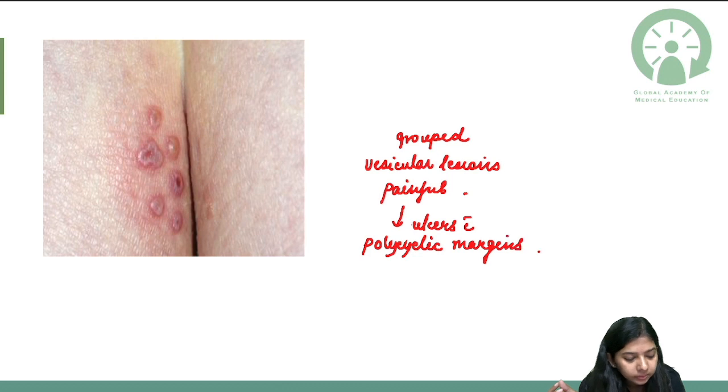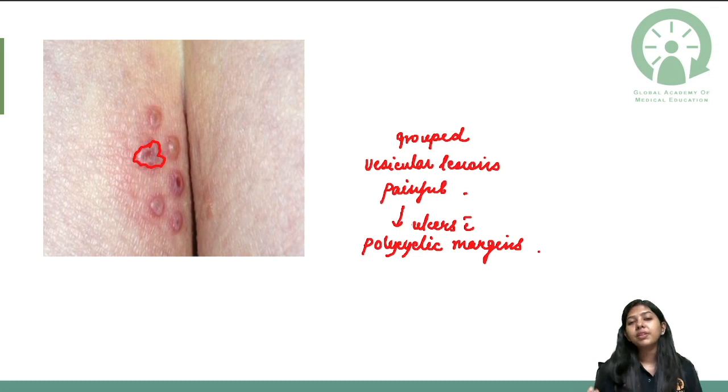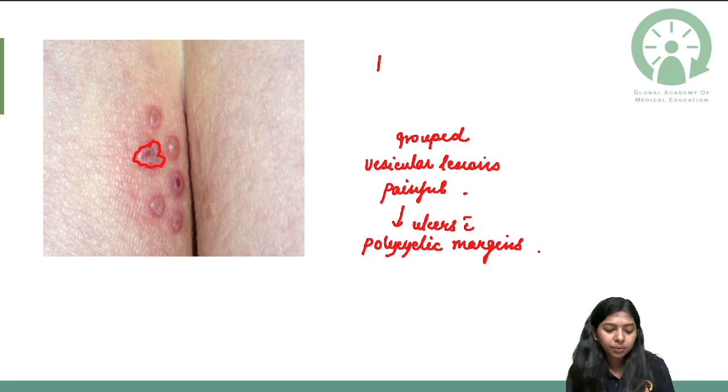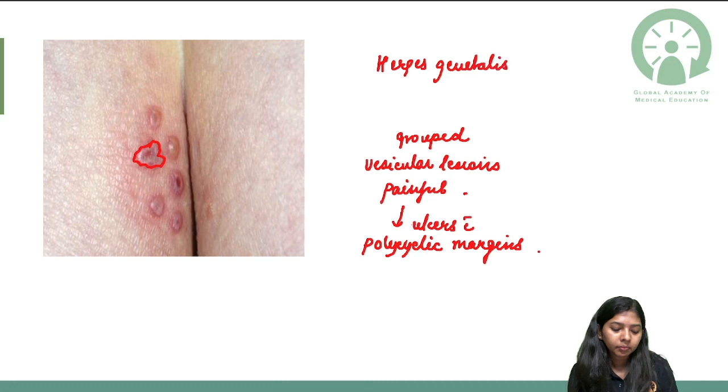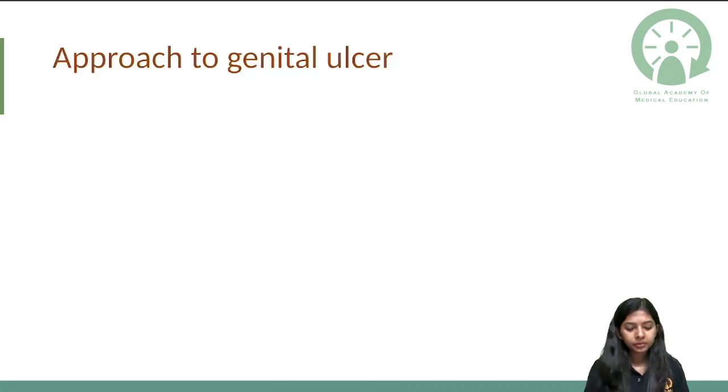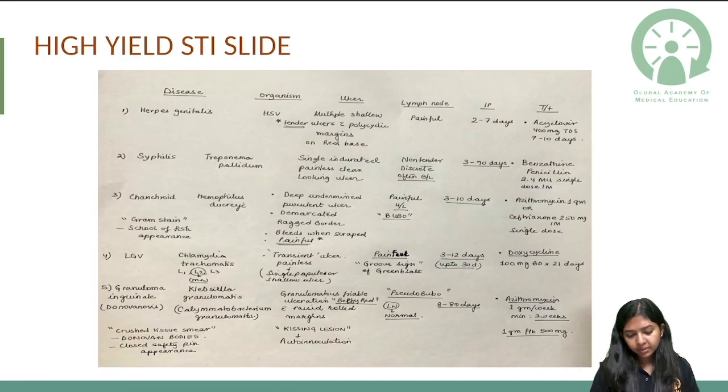Okay, see, you have ulcers with polycyclic margins. So painful grouped vesicular lesions which rupture to form ulcers with polycyclic margins, characteristic of herpes genitalis, caused by HSV2. Okay, and these ulcers are very shallow and tender. The incubation period is 2 to 7 days, and you treat it with acyclovir, correct?